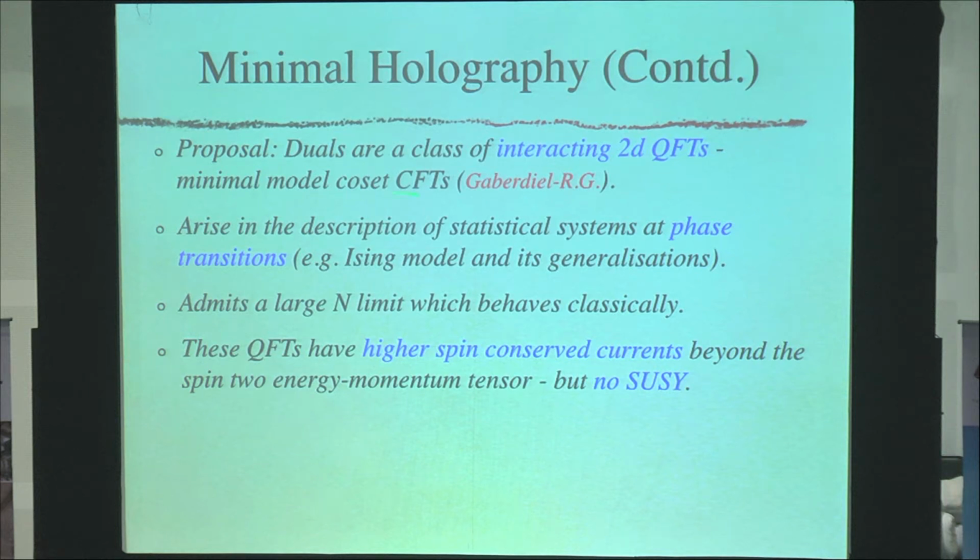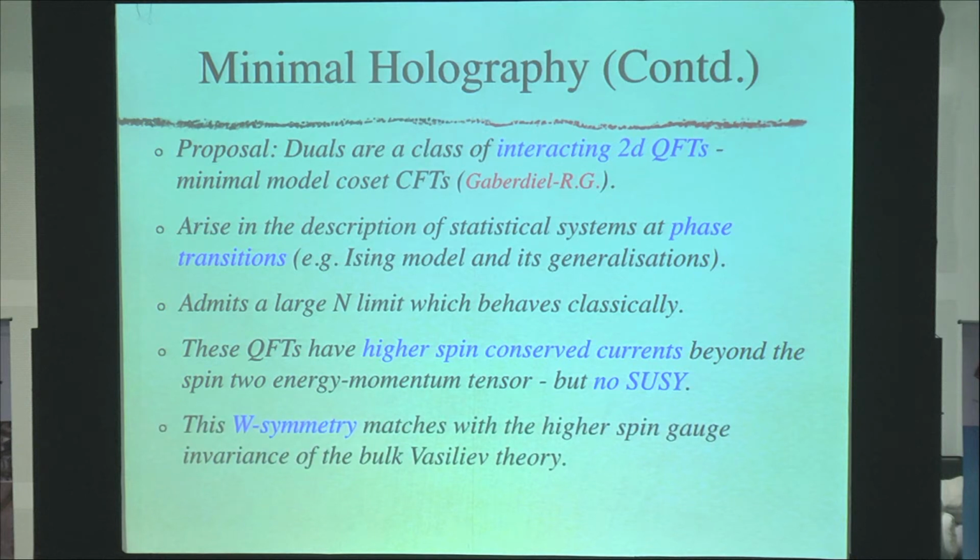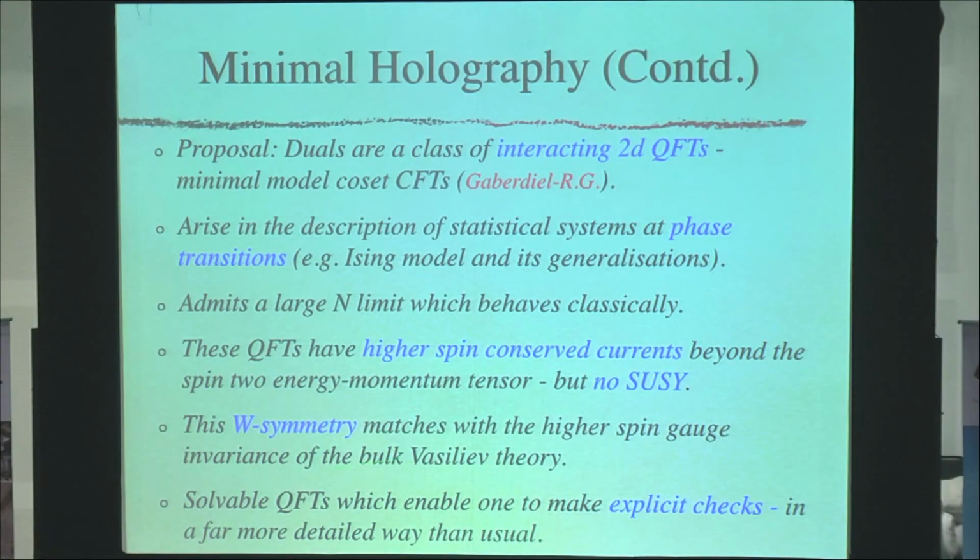These minimal model CFTs are an exception, and it's this symmetry, sometimes called the W symmetry, which matches with the higher spin gauge invariance of the bulk Vasiliev theory. So this three-dimensional Vasiliev theory had a very large gauge symmetry involving higher spin fields, and it's precisely these higher spin conserved currents of these two-dimensional CFTs which agree with this higher spin Vasiliev theory.